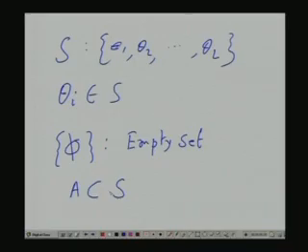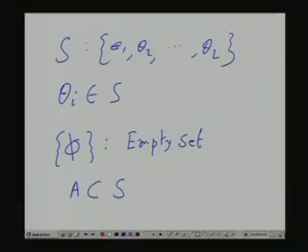Now, can you tell me, for a set like this, how many subsets in total can you have? 2 to the power L. That's the correct answer. Why? You start with 1, that is for the empty set. Then 1, 1, 1, so L subsets.